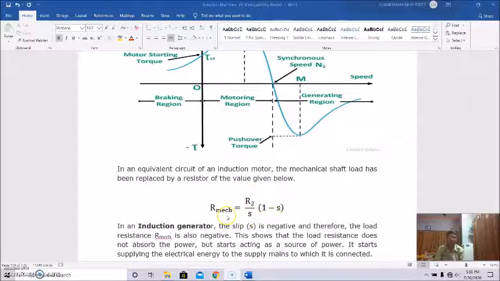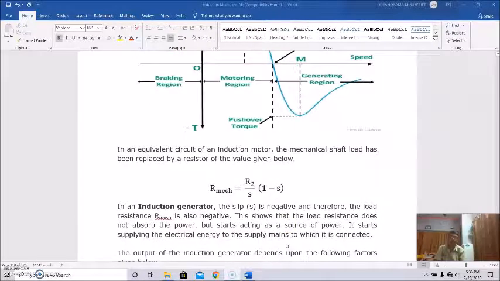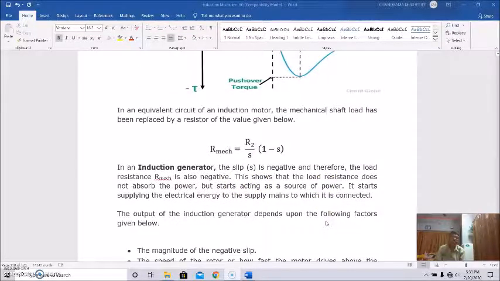This R mechanical should be equal to R2 by S into 1 minus S. In an induction generator, the slip S is negative, and therefore the load resistance R mechanical is also negative. This shows that the load resistance does not absorb power but acts as a source of power. So it starts supplying electrical energy to the supply mains to which it is connected. So this is very important.